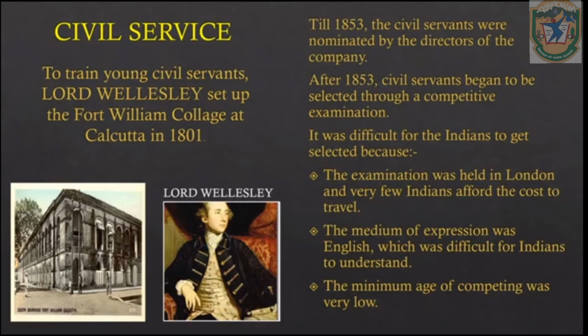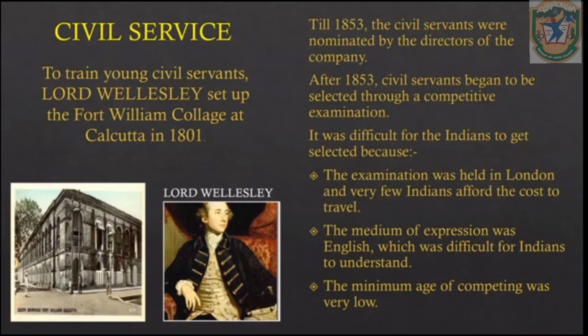So the Indians were entitled to subordinate posts only, even after 1858. In 1801, Fort William College in Calcutta, now Kolkata, was opened to train the administrators. It was set up by Lord Wellesley.